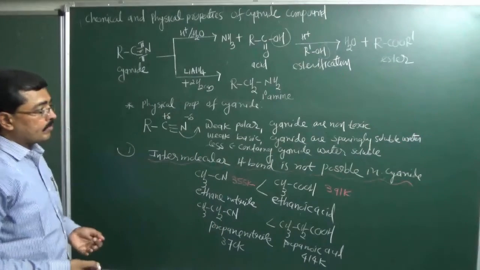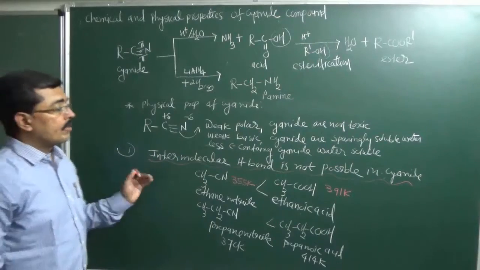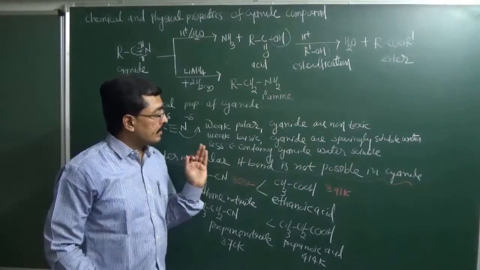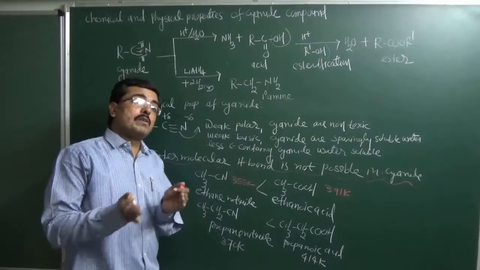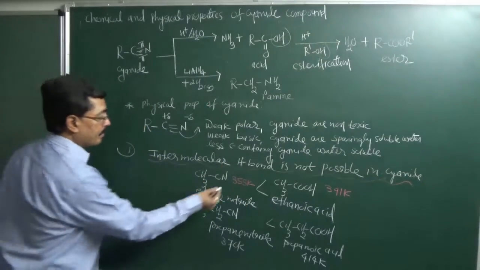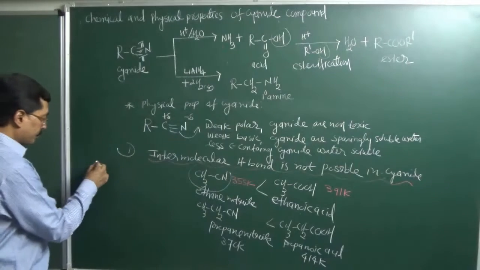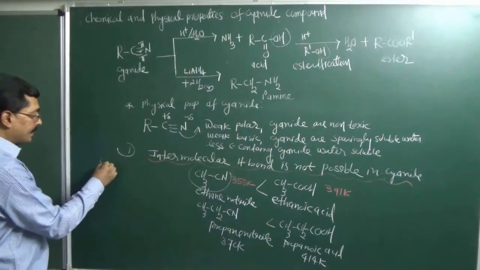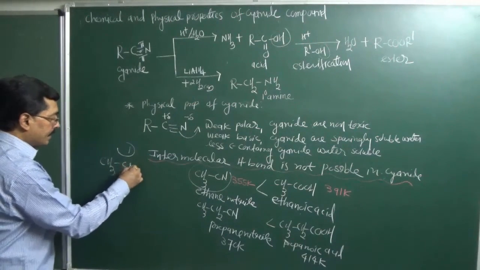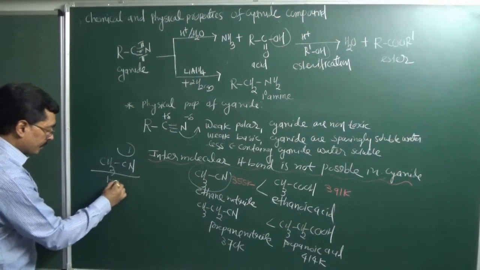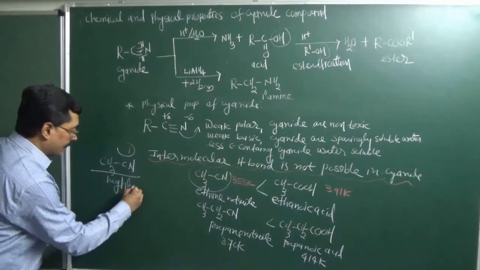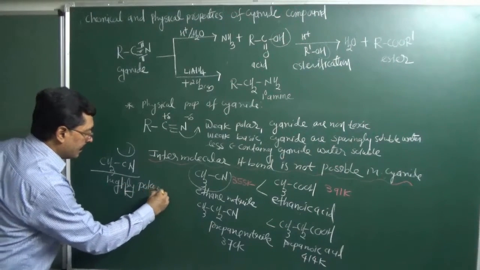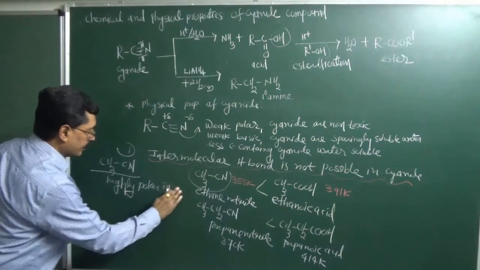We have observed already that cyanides are non-toxic, weakly basic in nature, and polar, and many organic compounds can dissolve in them, particularly acetonitrile. For acetonitrile we can say that it is highly polar in nature.